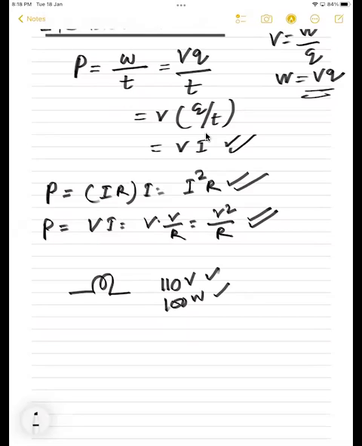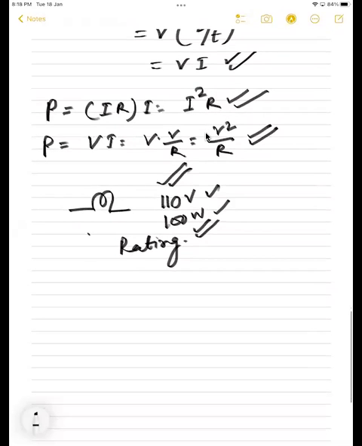This is the rating of the bulb. If you give 110 volt, it will consume how much power? 100 watt. But if I give 50 volt to the same bulb, how much power will it consume? Less power.